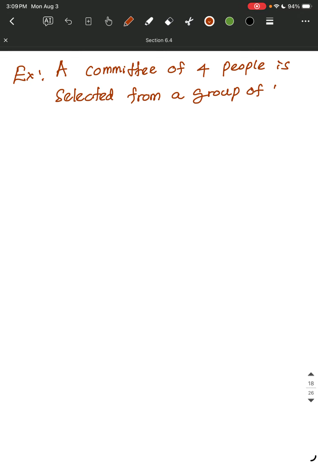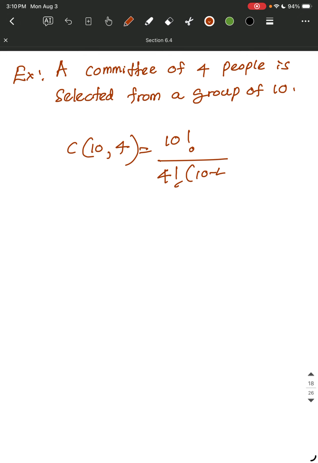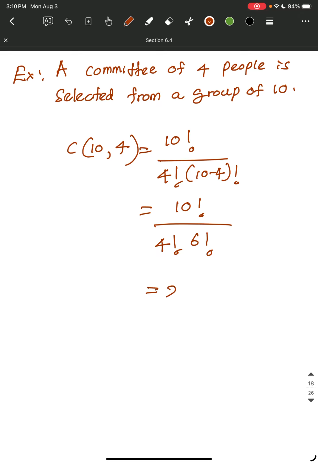Because there are no assigned positions, order does not matter, so choose 4 out of 10 combinations: 10 factorial over 4 factorial times 10 minus 4 factorial, simplified 10 factorial over 4 factorial times 6 factorial, which is 210. Therefore, there are 210 different possible committees.